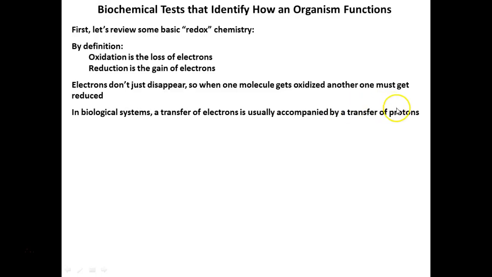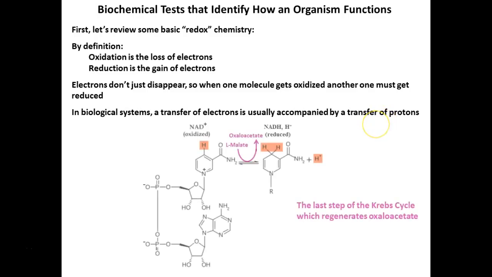Usually they're also accompanied by protons. Basically, a proton and electron is what atom? It's the simplest atom. It's number 1 on the periodic table. Hydrogen. So a lot of times you're going to see hydrogens moving. So in the case of NAD, which is a modified nucleotide, it has nicotinamide here.